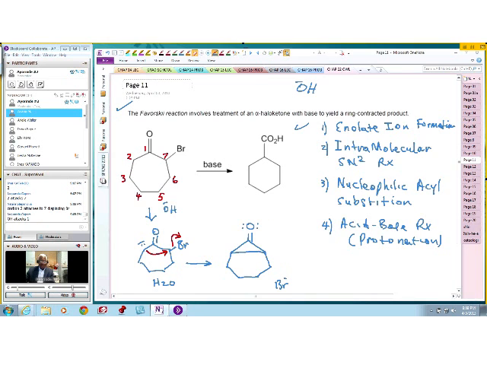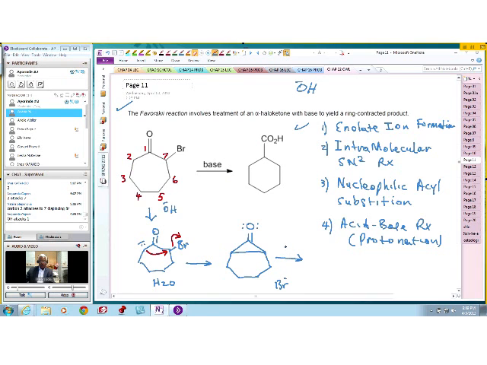Nucleophilic acyl substitution. Keep in mind, this is where we want to go. Hydroxide attached to carbon 1. Excellent, that is exact. That is true.